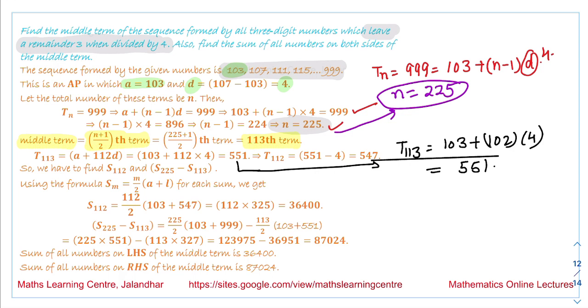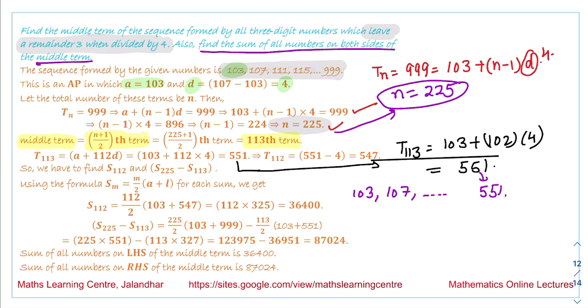Now the next thing we have to calculate is the sum on both sides of this term. We have to find the sum of all numbers on both sides of the middle term. The numbers are 103, 107, and so on up to 551, which is the middle term.